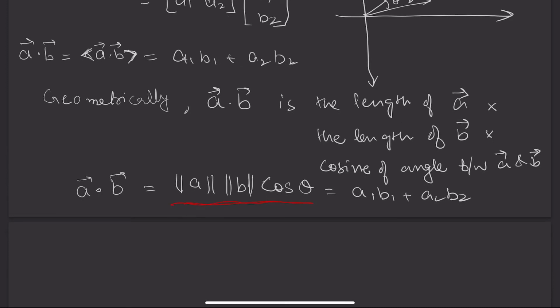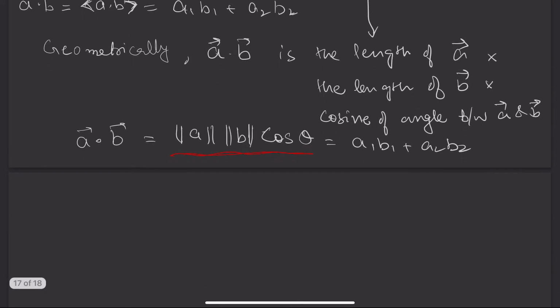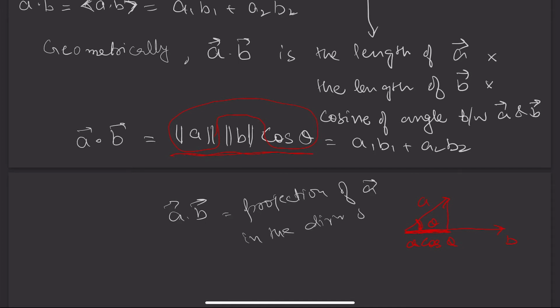Now let's say we have B vector here and A vector here. We can see that this portion, A length times cos theta, is the projection of A on B. This dot product of A dot B is the projection of A vector in the direction of B vector.